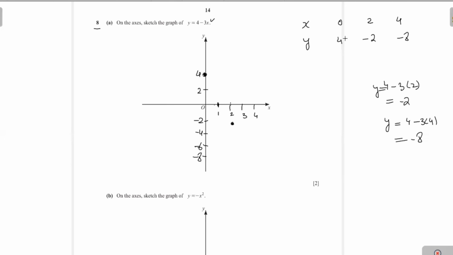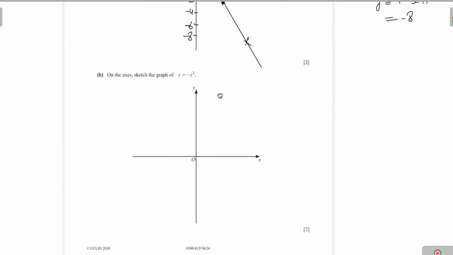Next we will mark the point 0, 4. Next is the point 2, minus 2, and 4, minus 8. This is the position 4, minus 8. We will join all these points and we get a straight line. This is the graph of y equal to 4 minus 3x.